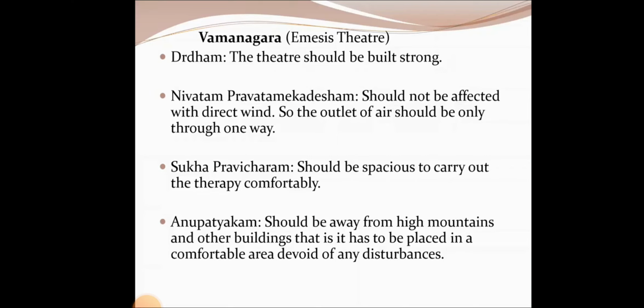Then Anupatyagam should be away from high mountains and other buildings. It should be placed in a comfortable area devoid of any disturbances. Dridam, Nivatam, Pravata Ekadesham, Sukha Pravicharam, Anupatyagam. Then Dhuma Atapa Jala Rajasam Anabhigamaniyam means it should be protected from external fumes, light, water, and dust. Next slide, please.